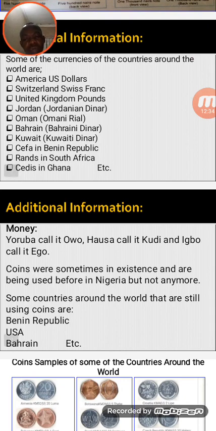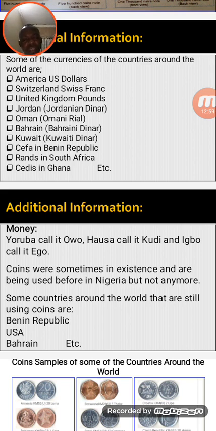Another additional information is that money, Yoruba call it Owo, Hausa call it Kudi, and Igbo call it Ego. Coins were in existence and were being used before in Nigeria, but not anymore.